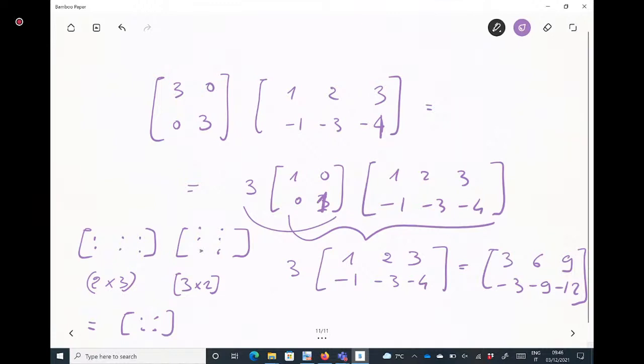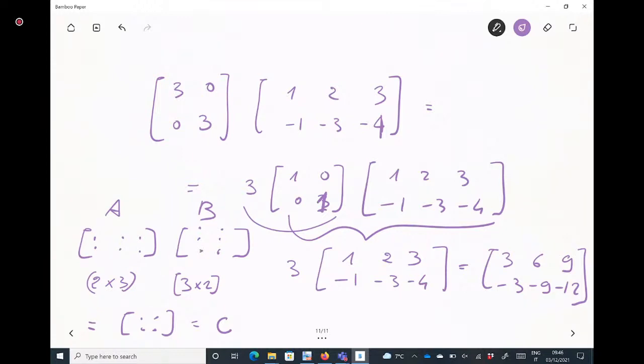But if I compute B times A, I can compute it because it is 3 times 2 and the other is 2 times 3, but the result is 3 by 3. So this is another reason why they are not equal in general.